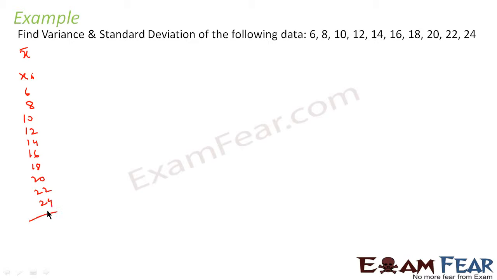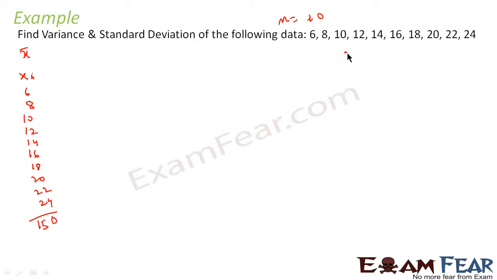I'll add all these values. 6 plus 8 is 14, plus 12 is 26, and so on. So the summation of xi is 150. And the number of terms is 1, 2, 3, 4, 5, 6, 7, 8, 9, 10. So n is equal to 10.